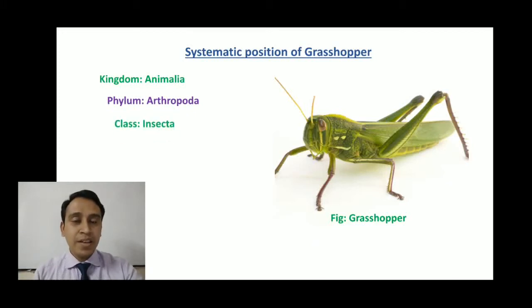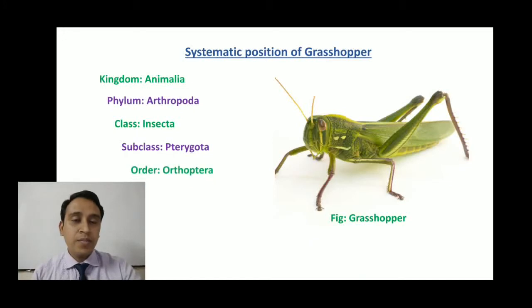And the class is Insecta. The body of grasshopper is divided into 3 regions: head, thorax and abdomen. That's why it is included under the class Insecta. Subclass is Pterygota. Grasshopper bears wings. That's why it is included under the subclass Pterygota.